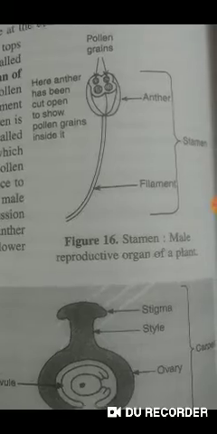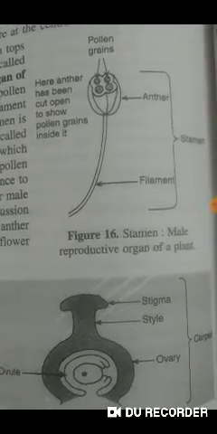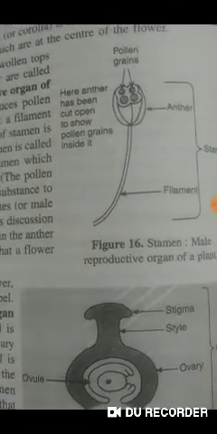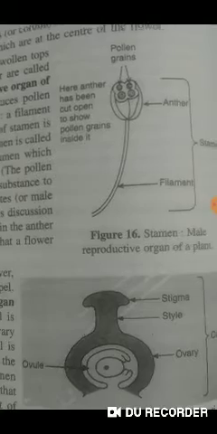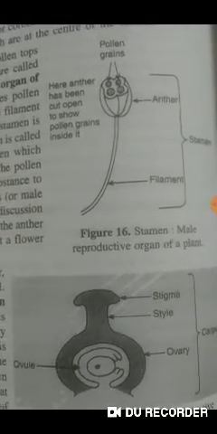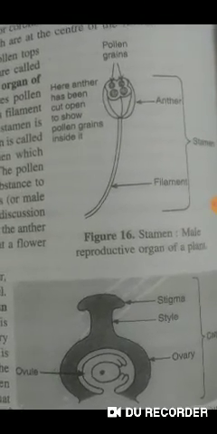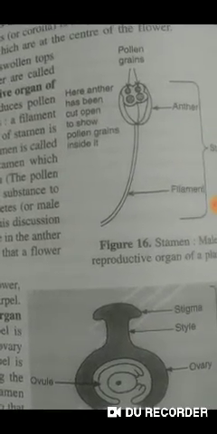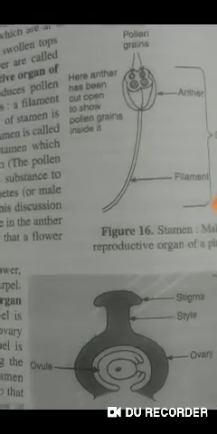When pollen grains from the anther of a flower are transferred to the stigma of the same flower or any other part of the same plant, it is called self-pollination.